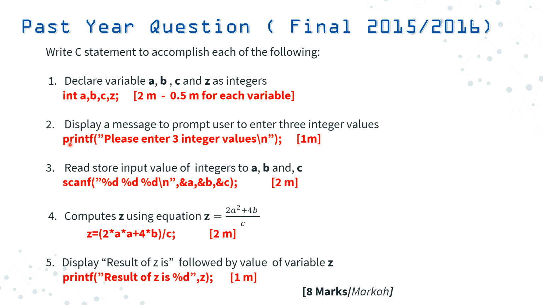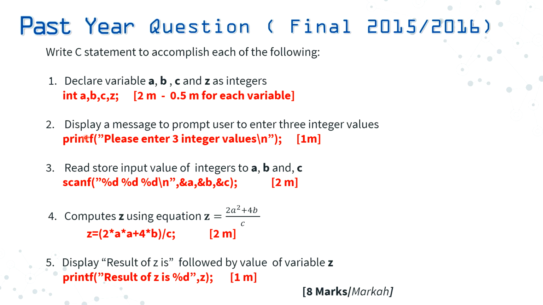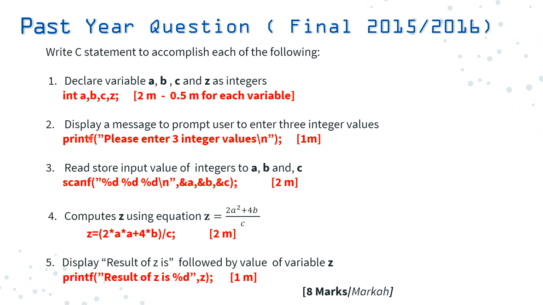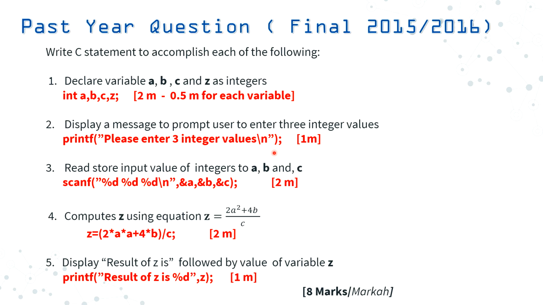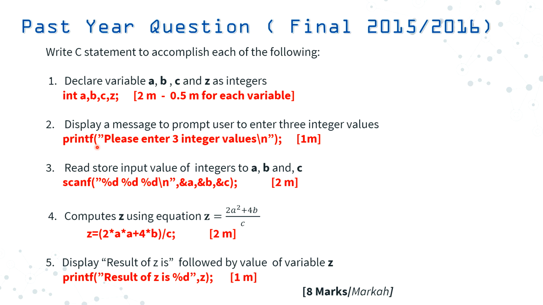Okay, so for step 2, printf, please enter 3 integer values, because the question wants you to display a message to prompt the user to enter 3 integer values. So you use the printf function, and then you use the string please enter 3 integer values, with the end line here, close with the double quotation mark and the parenthesis, and don't forget the semicolon.